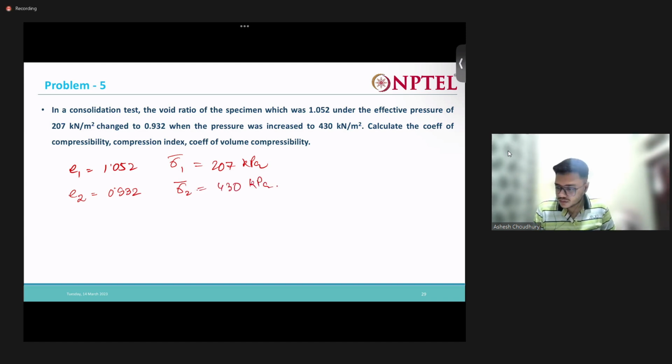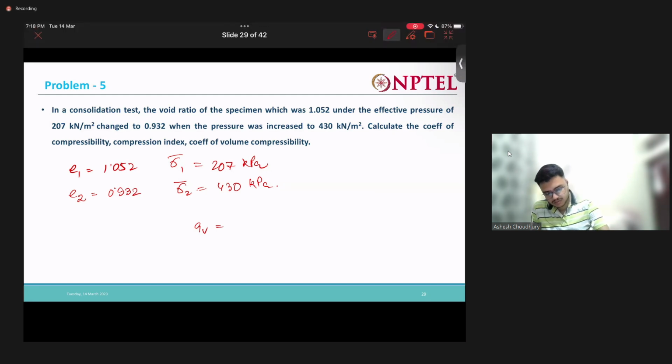Okay. So this data is given to us. So can you tell me what was the formula for coefficient of compressibility, a_v? What was a_v? Coefficient of compressibility.